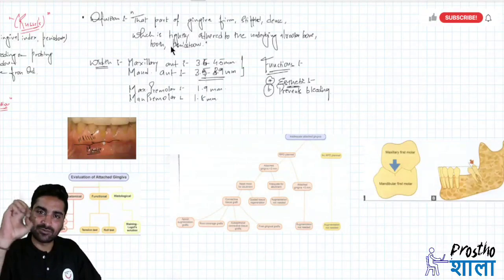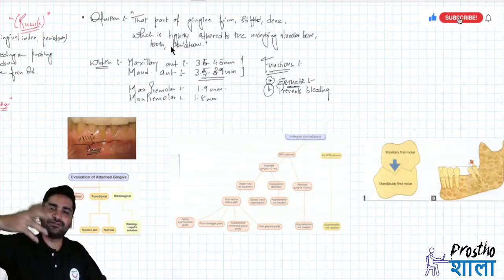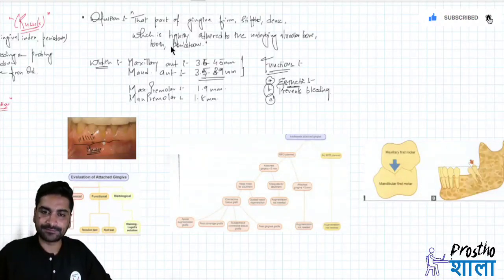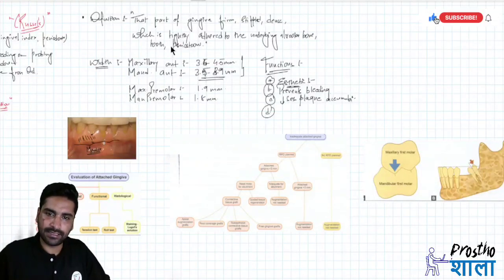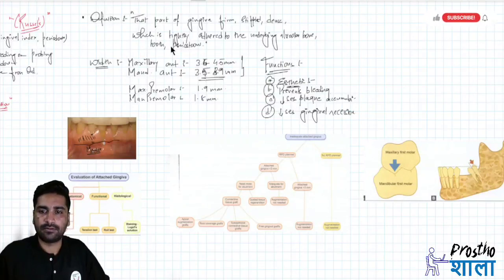But where there is less attached gingiva, there are more chances of pocket formation, depth, and invasion by microorganisms, leading to bleeding and other factors. Third, it also decreases plaque accumulation. And the fourth one is that it decreases the amount of gingival recession.